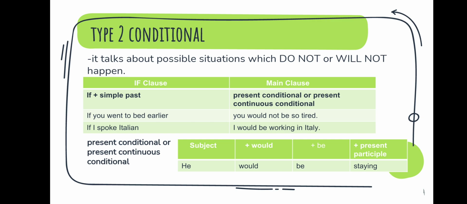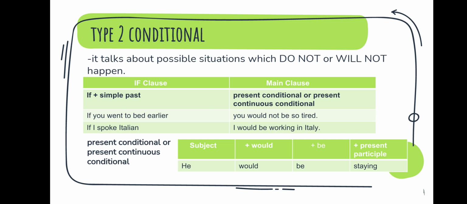In type 2 conditional sentences, the if clause uses the simple past and the main clause uses the present conditional. And the situation would be if this thing happened, that thing would happen. But imagine this thought, but I'm not sure this thing will happen or that thing would be happening.